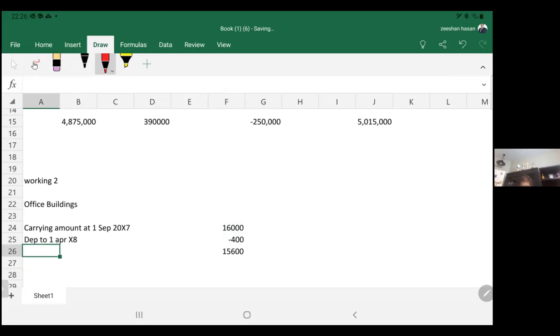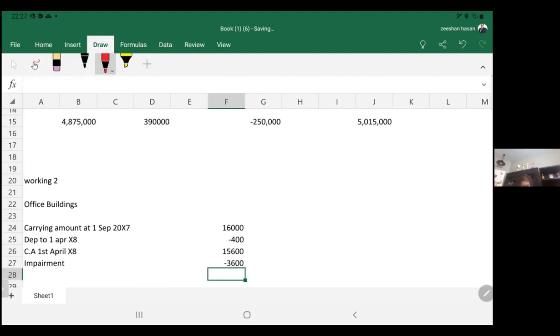The carrying amount at 1st April is 15,600. Now the impairment. The impairment is given already in the question, so we don't need to calculate it, just punch in 3,600.